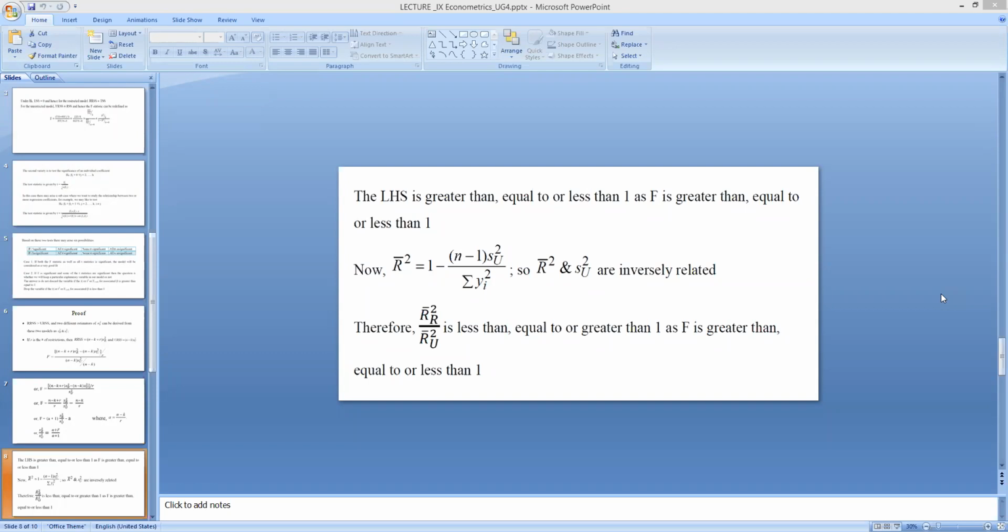So you can write R bar square is equal to 1 minus A square by TSS by n minus 1. Numerator A square, denominator TSS by n minus 1, or finally R bar square is equal to 1 minus n minus 1 into A square divided by TSS.